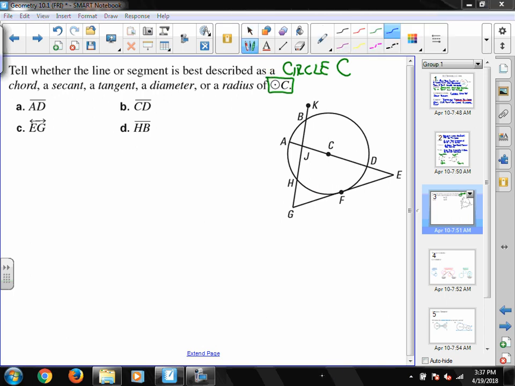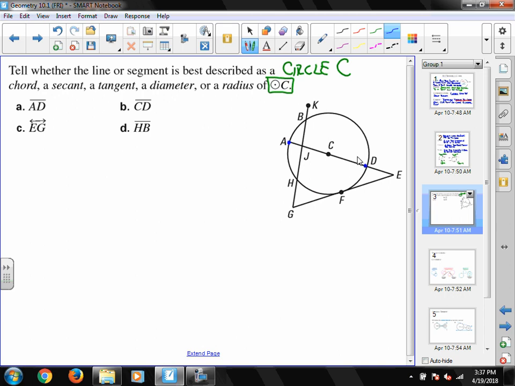I've shown you guys those throughout the year. So AD, well, points A and D are right here highlighted in blue. It looks like it goes from one end of the circle to the other, and since it is a segment, you can tell because there's just the line over top of it. A line would have arrows on top of that.